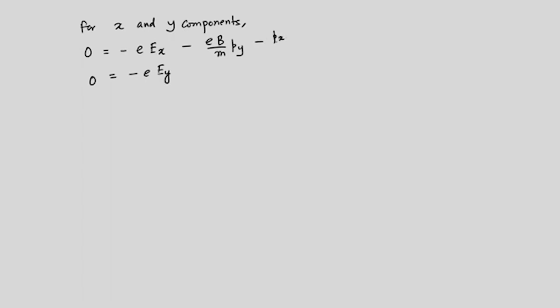So it's px over tau, the relaxation time, and then there is eB over m, px, and py over tau. If you read some books which do not use SI notation, you will find a c in the denominator here.